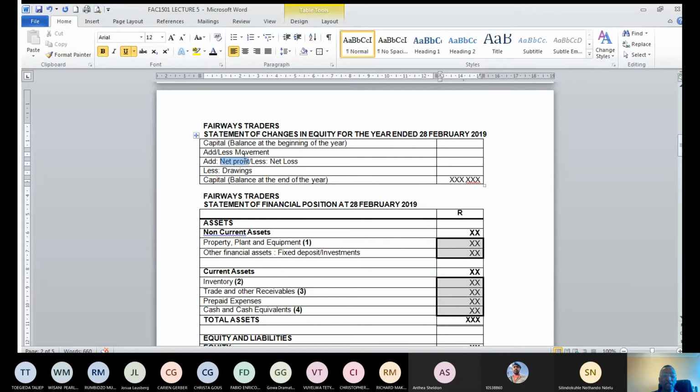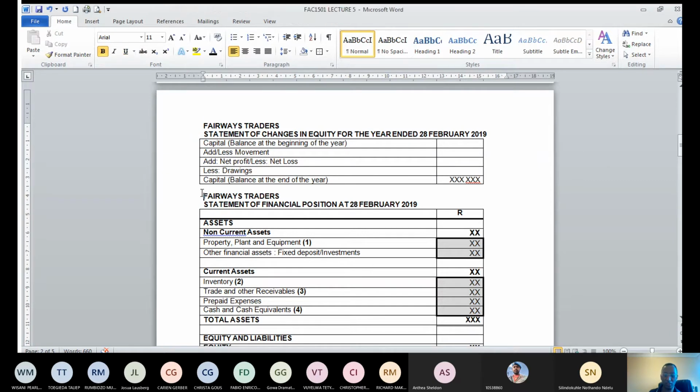If you have made a profit for the year, you add that in. So this is coming from your statement of profit or loss and other comprehensive income. Or if you have made a loss for the year, as calculated in your statement of profit and loss and other comprehensive income, indicate the loss there, subtract your drawings, and your final answer is then called the capital balance at the end of the year.